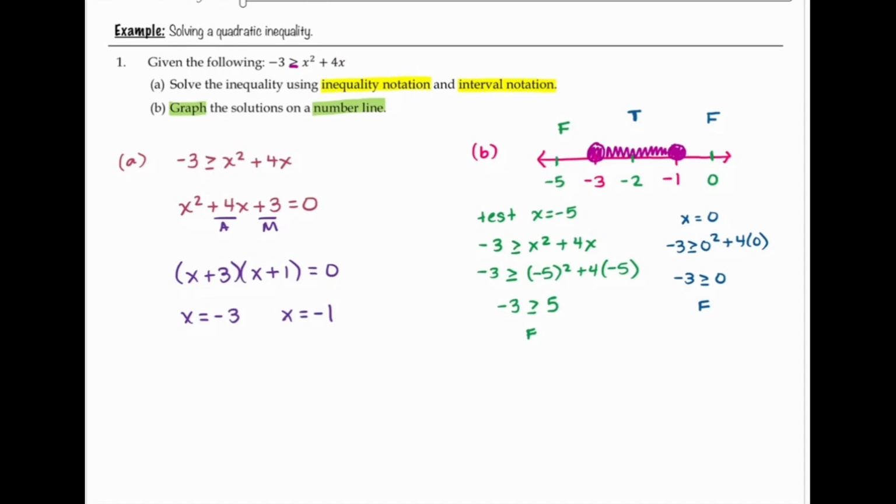So now let me go back to part A. I've officially finished my test. I see the graph in front of me. I am going to write this using inequality notation. So as an inequality, we're starting at -3 being the lowest number, that's less than or equal to my input, which is x, which is less than or equal to -1.